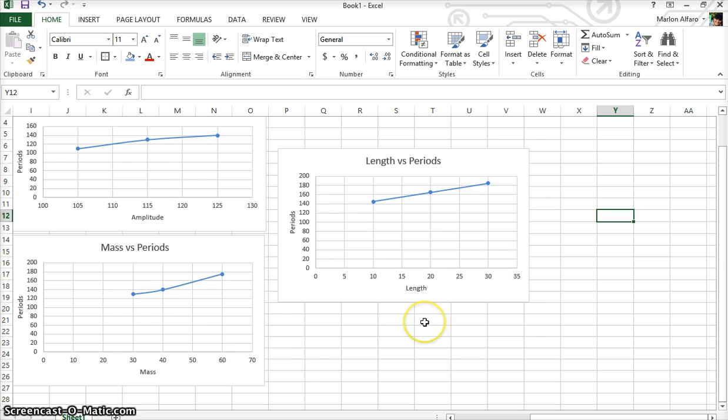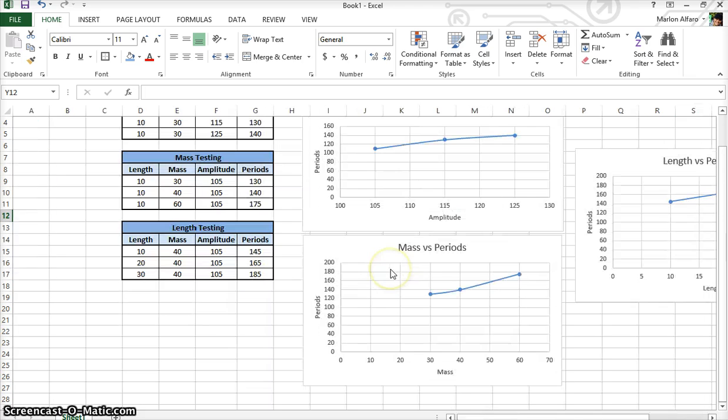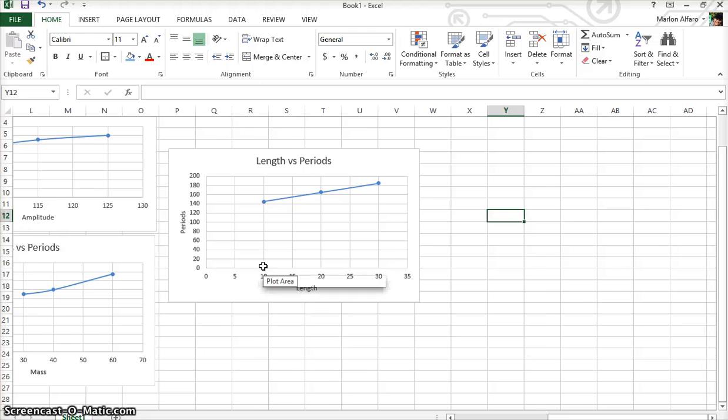Of course, name yours differently. So this one is saying that at 20 it is about 160, and let's see, 20, 165, so close enough.